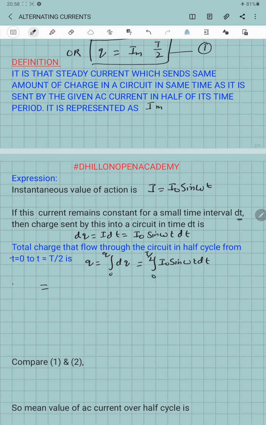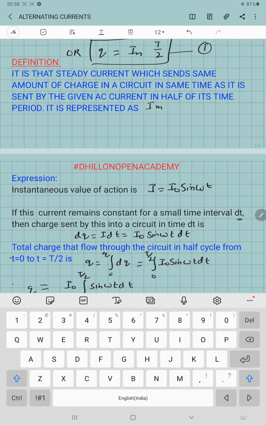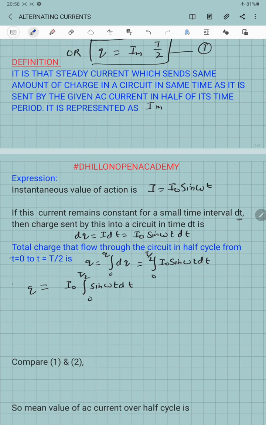I naught is constant, so we can take it outside. The integral will be only for sine omega t dt from 0 to T by 2. The integral of sine is minus cos, so it will be equal to I naught into minus cos omega t over omega, from 0 to T by 2.